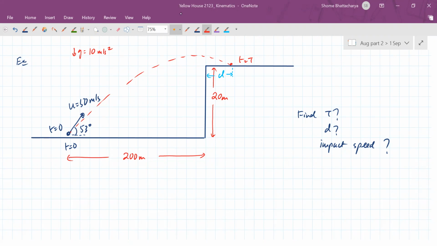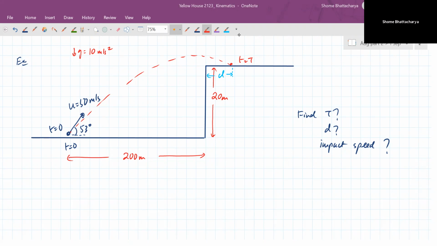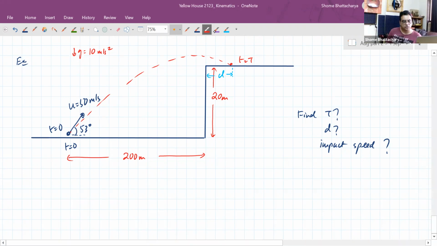Very good. Now this is a problem where we can actually make use of the equation of trajectory also, but I'll show it by the normal method first.